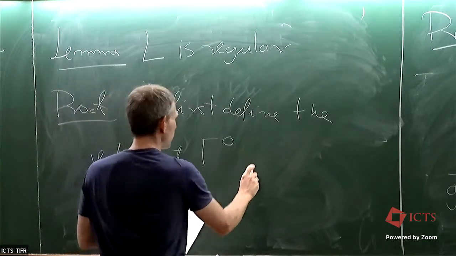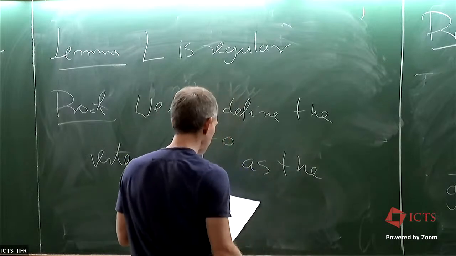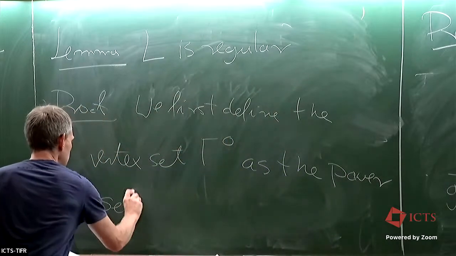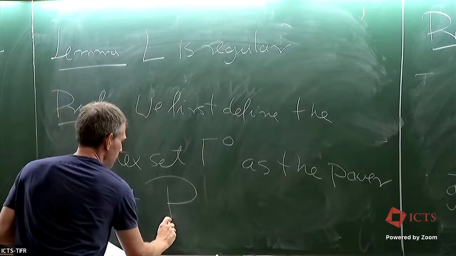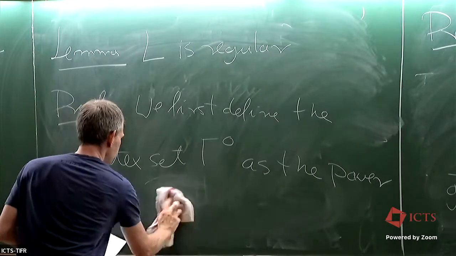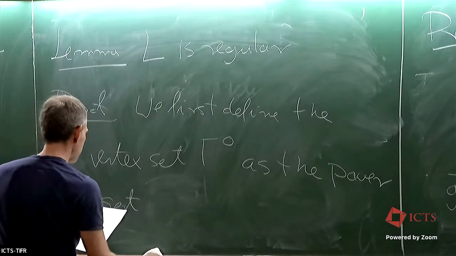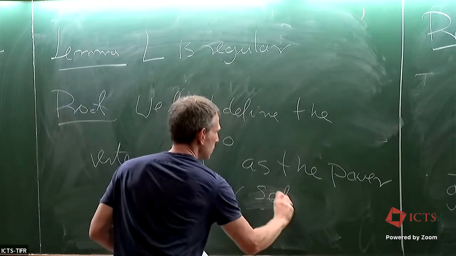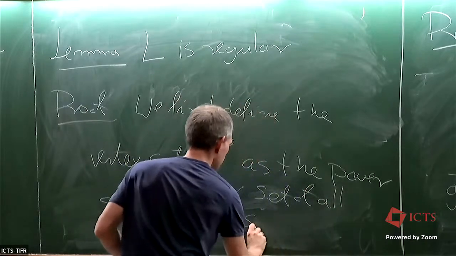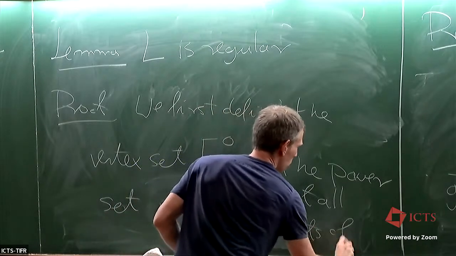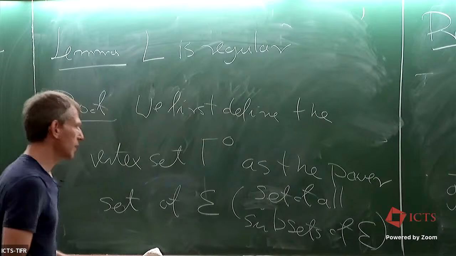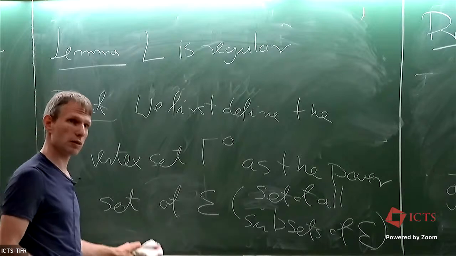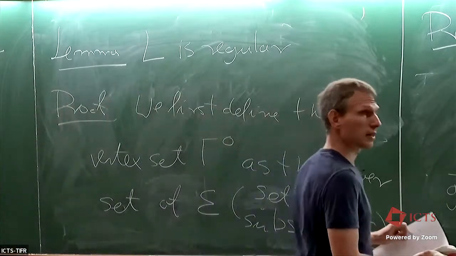So the vertices will be the power set of the elementary walls, the set of all subsets of the set of elementary walls. It's a finite set because, again, we had a corollary from the parallel wall theorem that this set of elementary walls is finite, so the set of subsets is also finite.